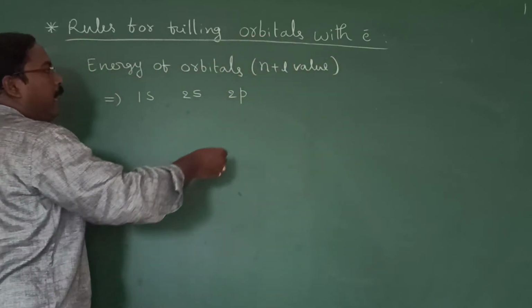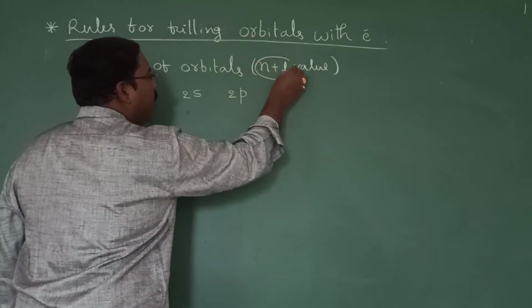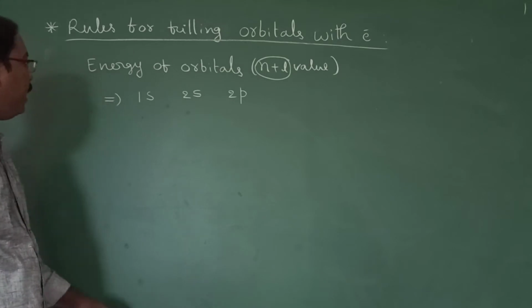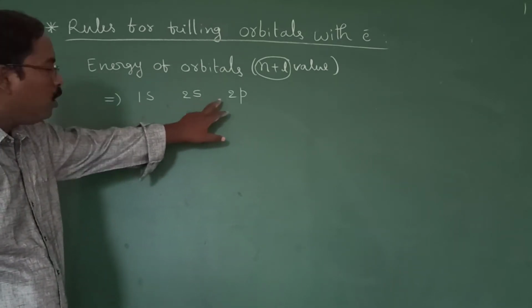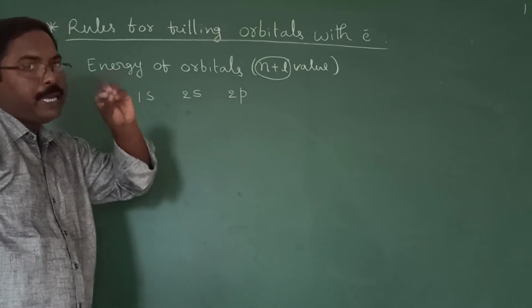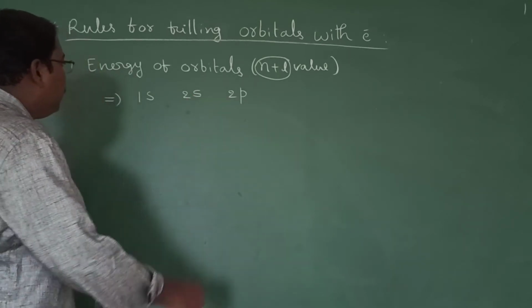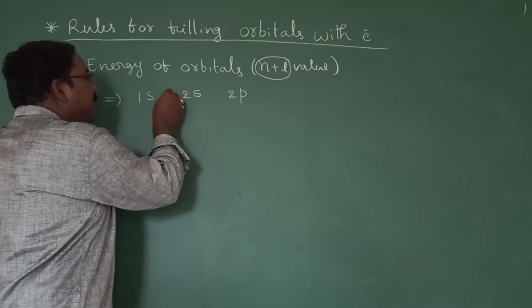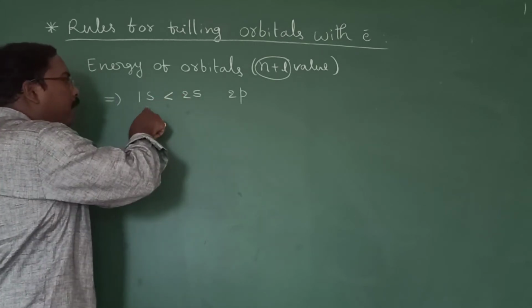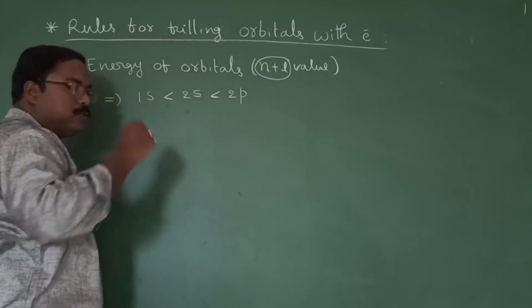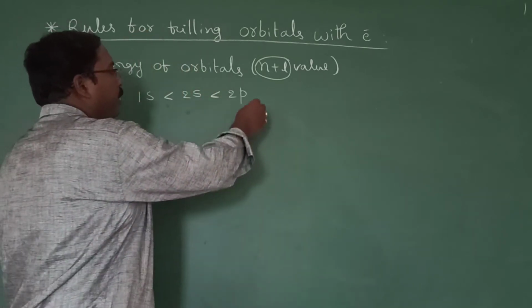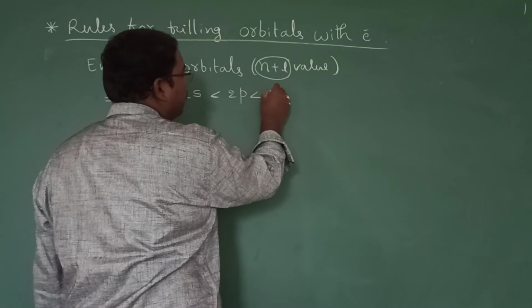The energy of the orbital depends on the n plus l value. So 1 plus 0 is 1, 2 plus 0 is 2, 2 plus 1 is 3. Yesterday we calculated this for the orbitals. So based on that, I can say the 1s orbital has lower energy than the 2s orbital, then the 2p orbital.